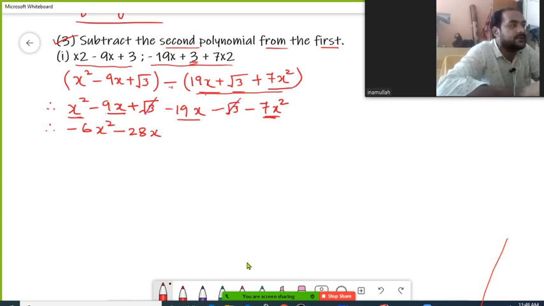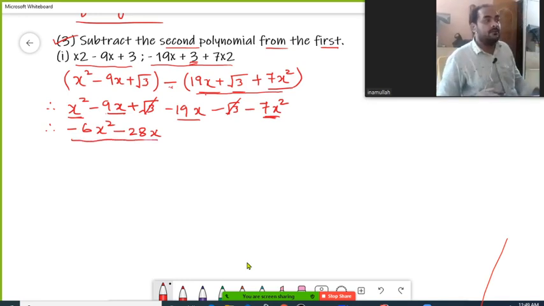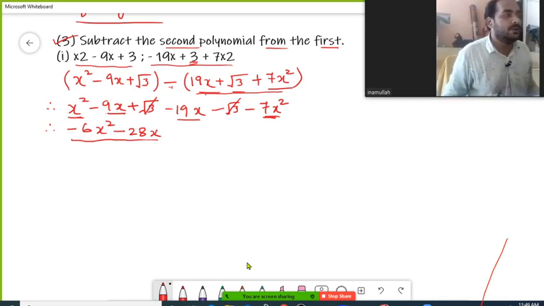So this is your final answer. When you subtract the second polynomial from the first polynomial in the given question, you will get minus 6x square minus 28x. Hope it is clear to everybody.